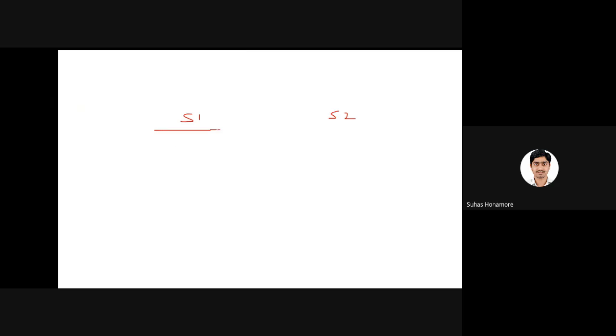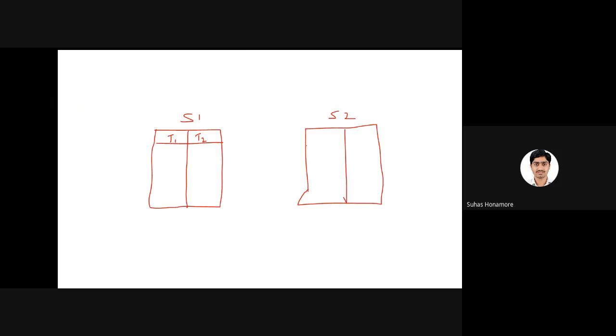Each schedule will have at least two transactions, so we'll take that minimum. It may be more than two transactions, but here we will take two transactions only, T1 and T2. Now we are checking whether S1 and S2 are equivalent or not.